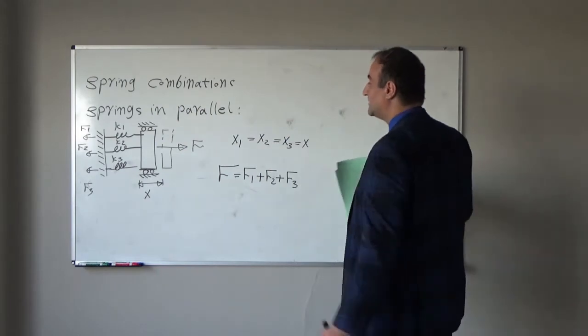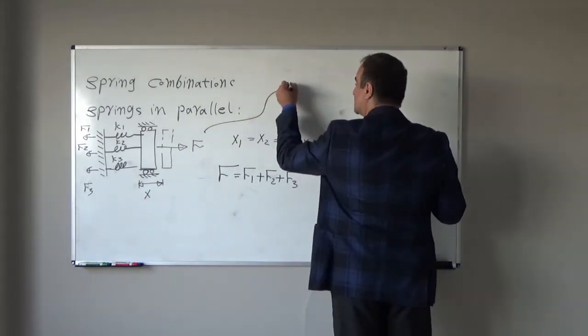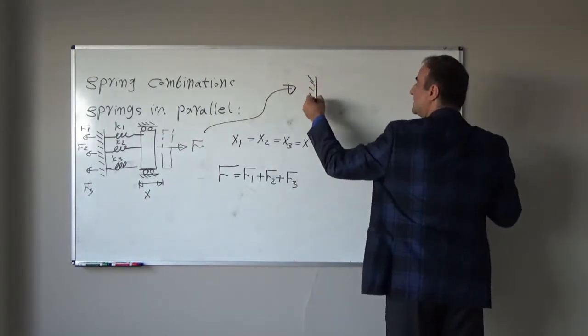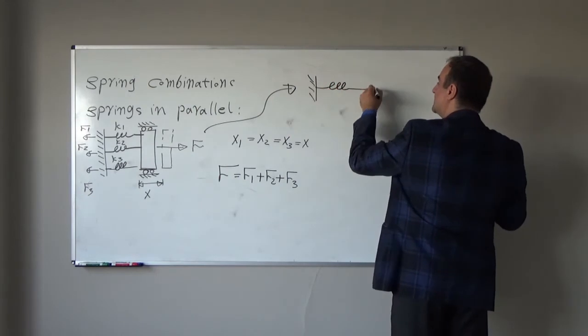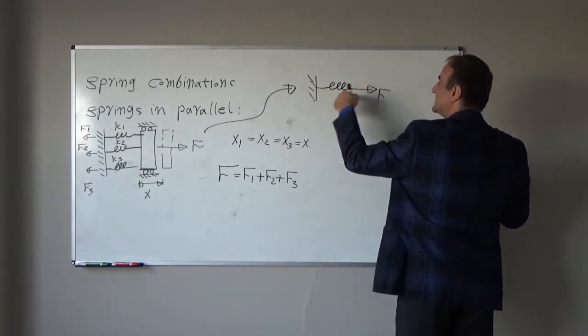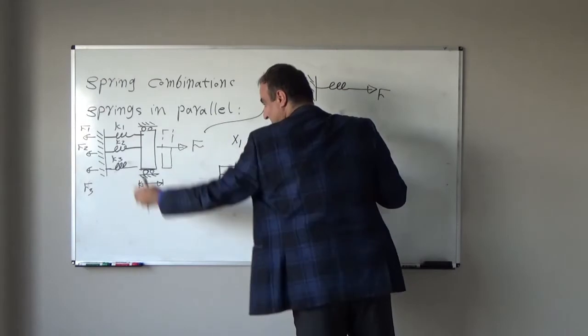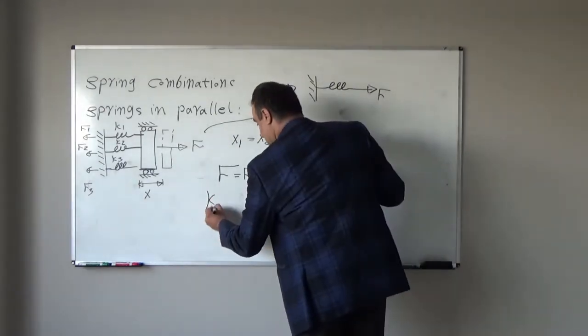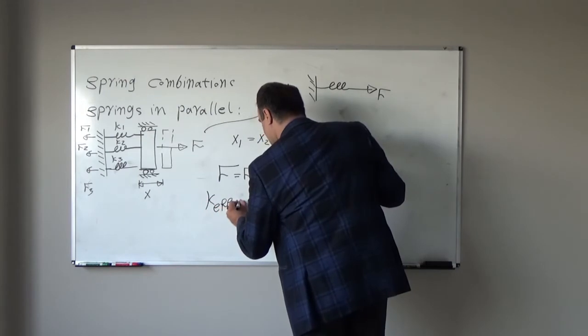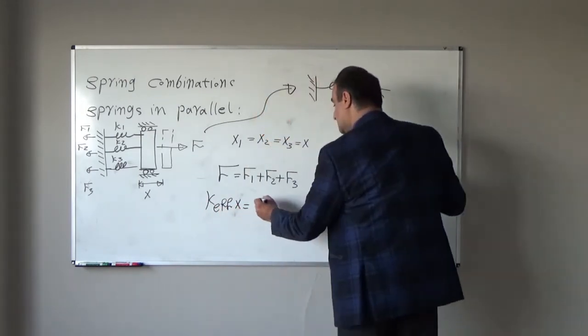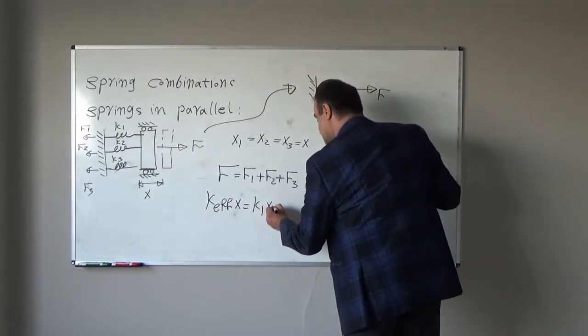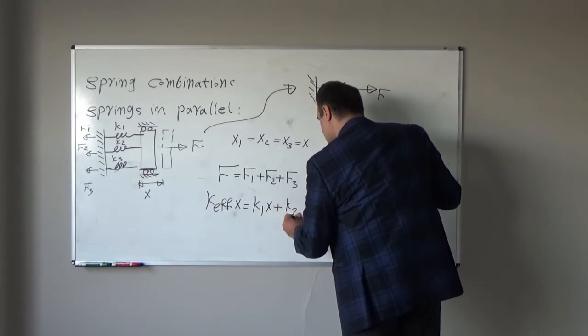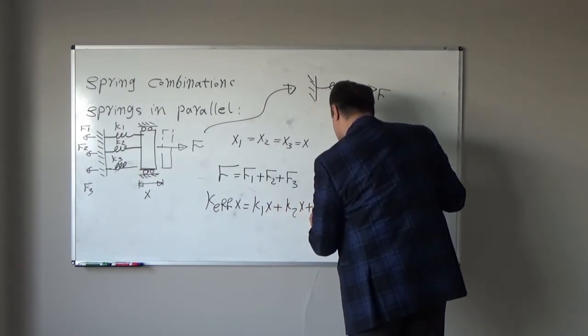If I want to substitute all these springs with one spring that behaves exactly the same, what will it be? K effective times X is equal to K1X plus K2X plus K3X.